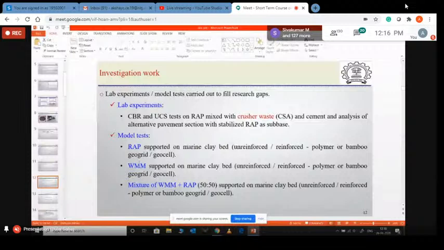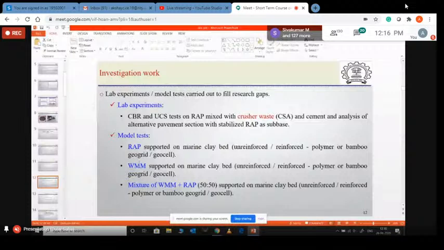In most cases we have used the IRC 37 requirement only. Resilient modulus for bituminous material has been taken as 1700 MPa, and for WMM material, based on the CBR value of subgrade and thickness of various materials, we tried to find out using the empirical formula given in IRC 37. Poisson's ratio value was also given in IRC 37. We used that, and we used IIT PAVE to find out these two strains.